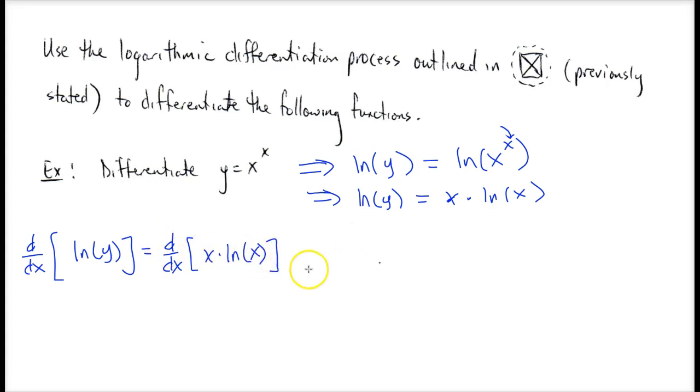For the left side of our equation, we see that the variables do not match, so we need to employ the chain rule. The chain rule says I take the derivative of the outside function, which is the derivative of natural log of y with respect to y, and that would just be 1 over y, times the derivative of the inside function, which is just dy with respect to x.